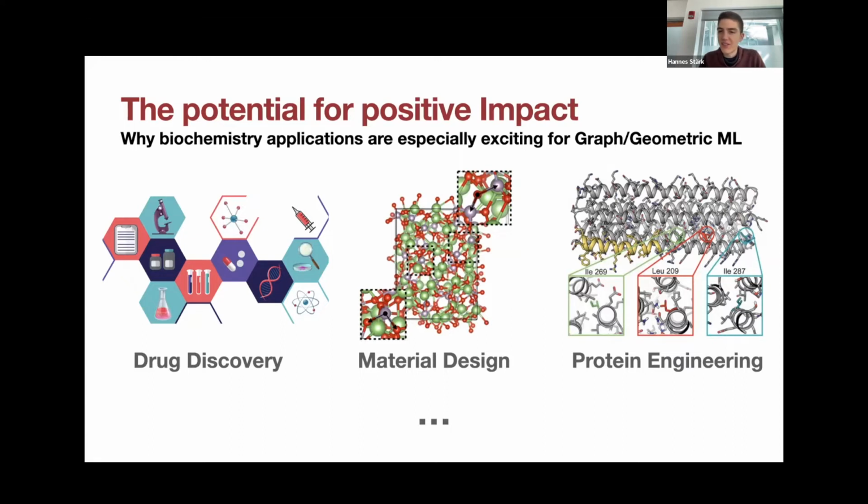We can use that as a drug or maybe as a vaccine. So I think geometric deep learning and applications in biochemistry are extremely exciting because there's so much positive impact possible.